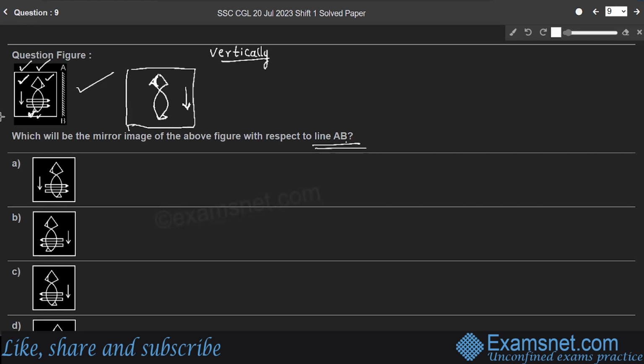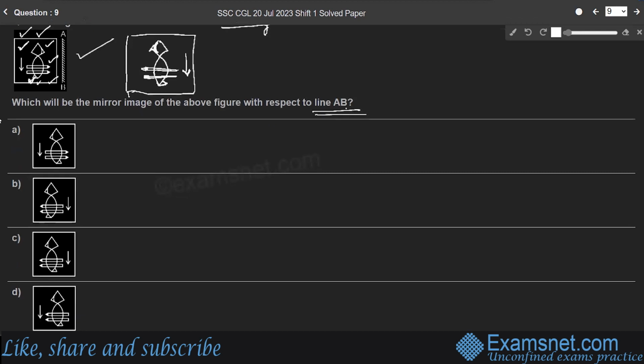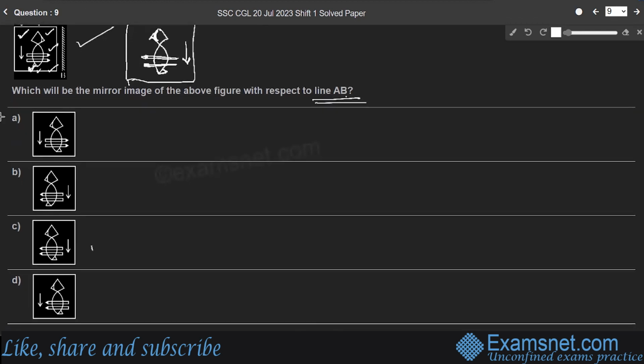The remaining two pencil-like structures will be the same, and their direction is to the left, as in the given figure the direction is to the right. So look at the options. Option C is the right answer, which is exactly the mirror image of the given figure.